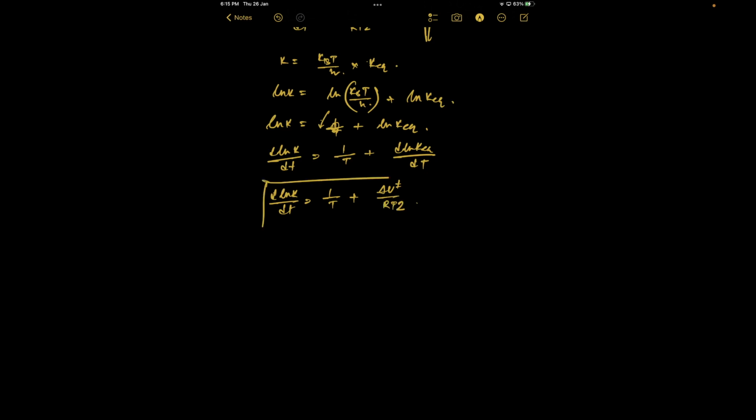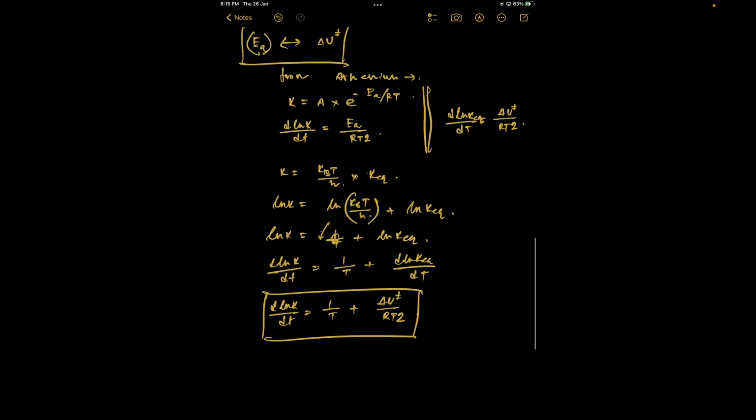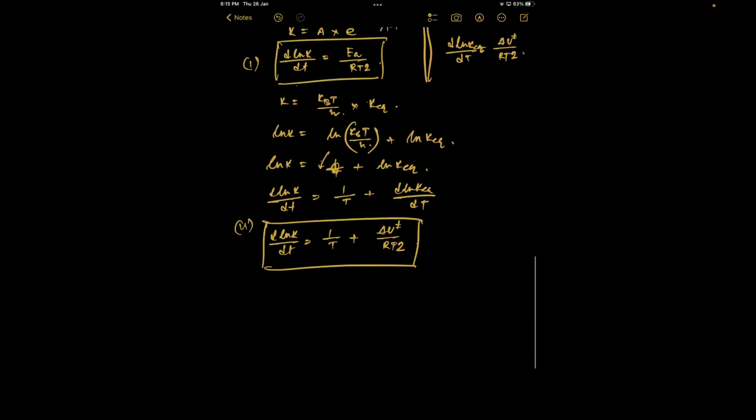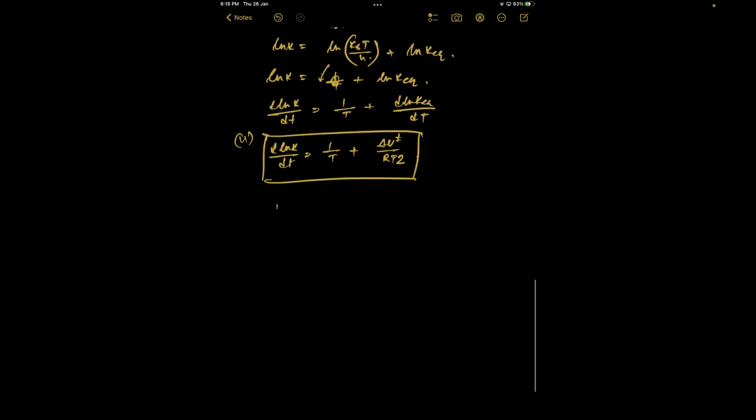So there are two kinds of relationship. One relationship from here and another relationship from the Arrhenius equation. This is equation number 1, this is equation number 2. If you equate these two equations, you will get 1 upon T plus delta U double dagger by RT square equal to EA divided by RT square.